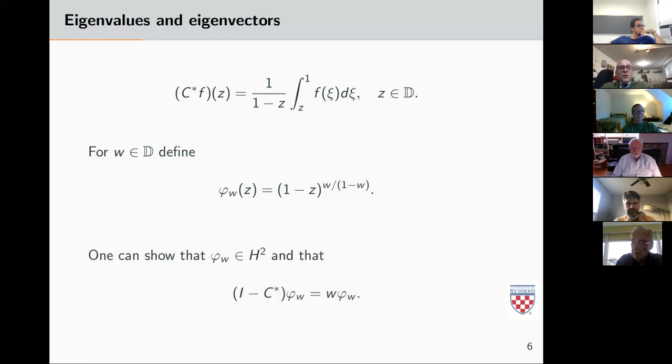And you can show, using power series and stuff you learn in Calc 2, that this is an H2 function. It has square summable power series coefficients. And then using this handy dandy integration formula, you can show that these functions, phi sub w, are eigenvectors with eigenvalue w for I minus C star. So that's a nice little gem.